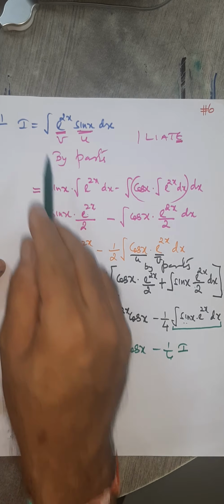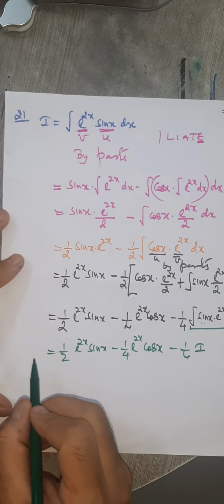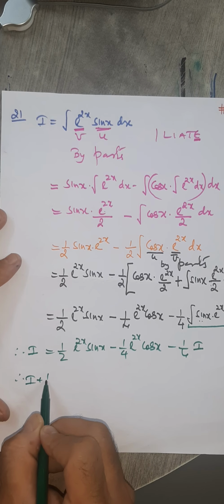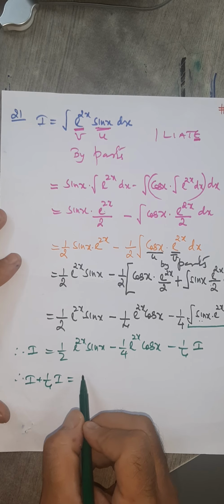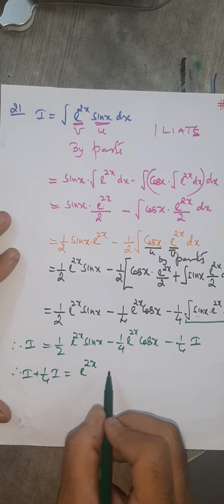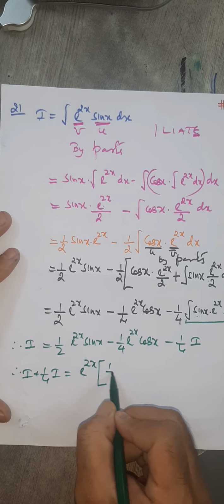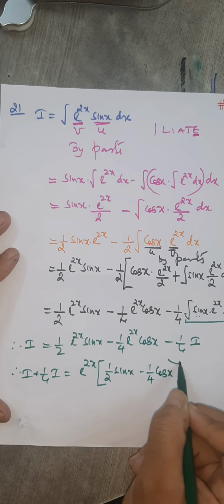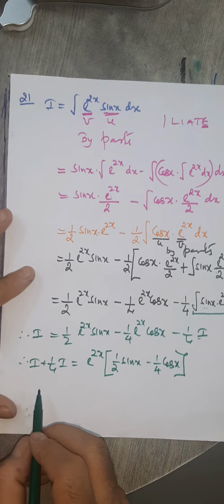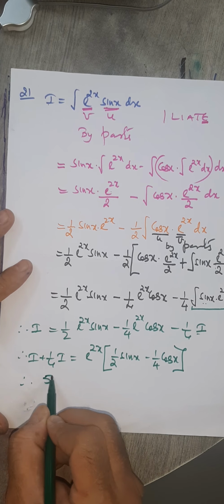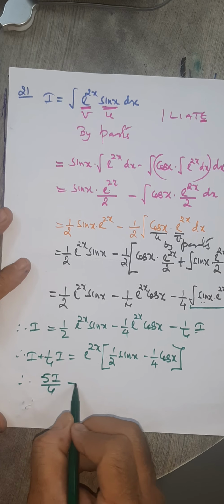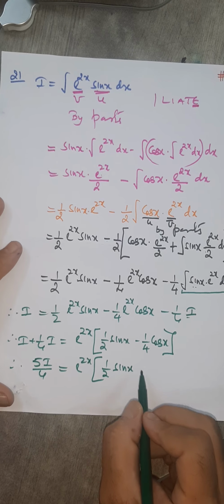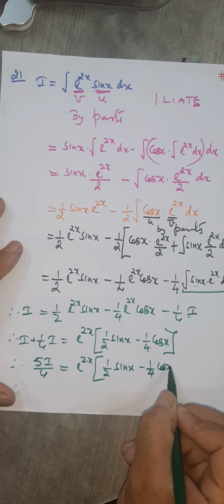You are interested to find the I, so I'll take this I on the left hand side here. So this becomes I plus 1 by 4 I equals to, this is as it is. You can keep e raised to 2x outside if you want. 1 by 2 sin x minus 1 by 4 cos x. Now this is how much? 5I by 4 equals to e raised to 2x into 1 by 2 sin x minus 1 by 4 cosine x.